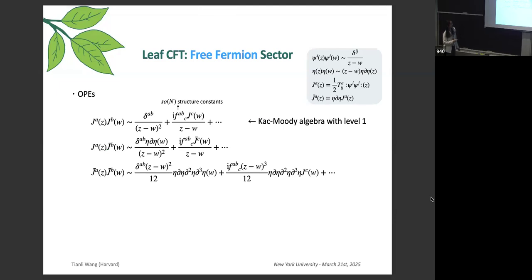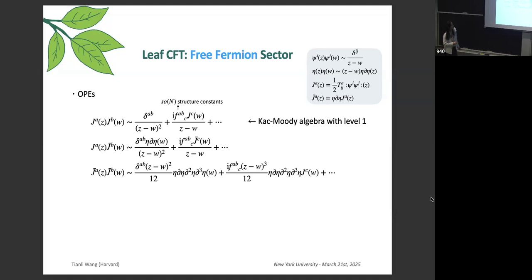Now we can compute the OPEs of the currents. I've copied over the field OPEs and the definition of the currents here. The JJ OPE just gives a Kac-Moody algebra with level 1, where these f are SO(n) structure constants. The J bar OPE is obtained by simply multiplying the first line with partial eta.